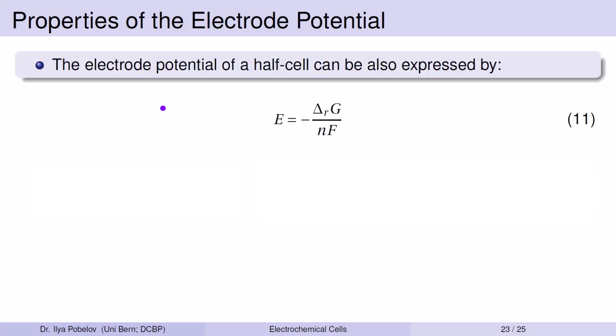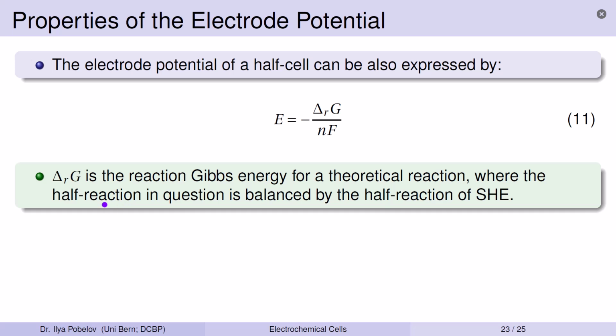The electrode potential of a half cell can also be expressed by the equation E equals the negative of delta rG divided by nF. Here, delta rG represents the reaction Gibbs energy for a theoretical reaction where the half reaction in question is balanced by the half reaction of the standard hydrogen electrode.